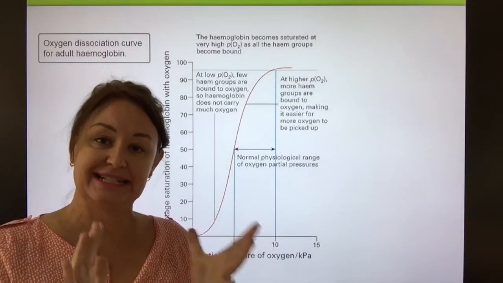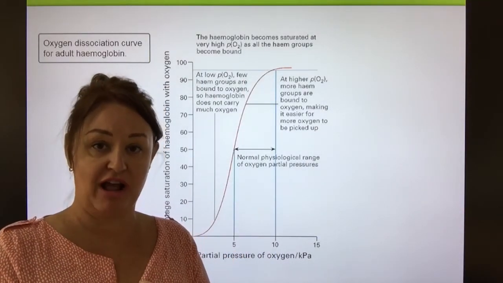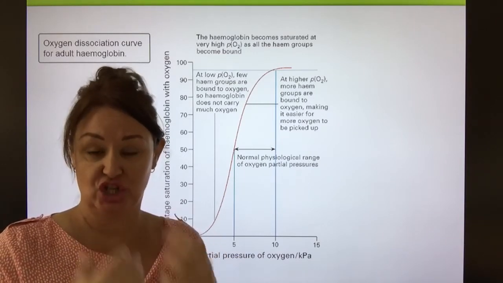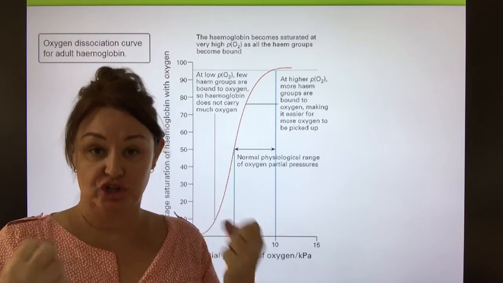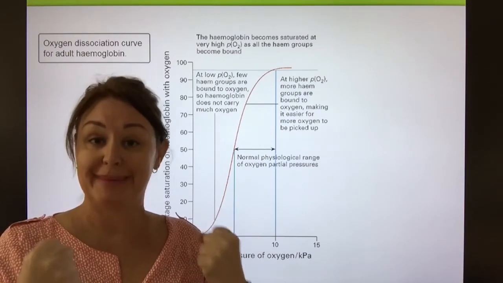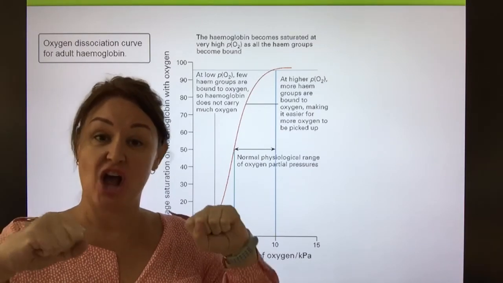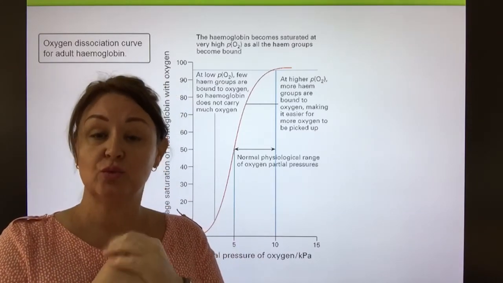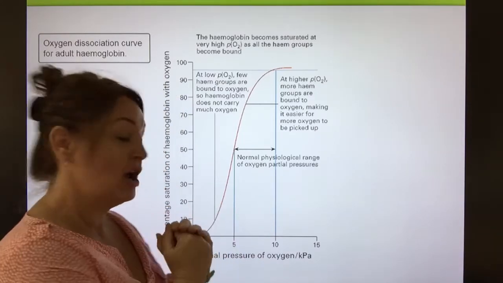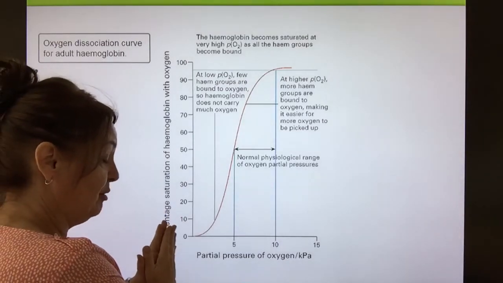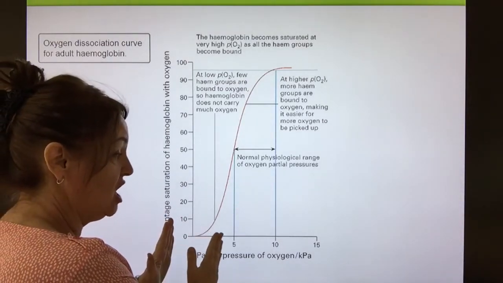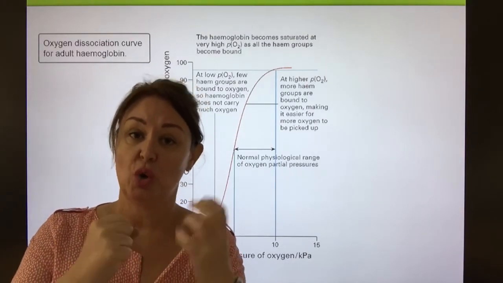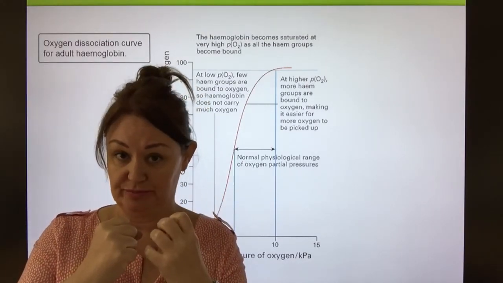So what do we need to gather from this graph? Remember, there are 4 polypeptide chains. Within each chain, there is a prosthetic group, a binding site, and they are hidden at different points. And what basically happens is, as we increase the partial pressure a lot, that first binding site of one of the heme groups will then accept an oxygen.